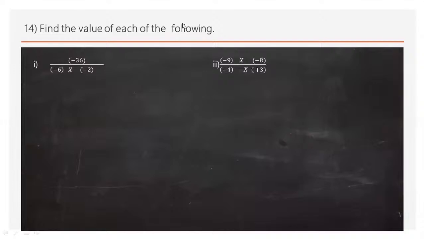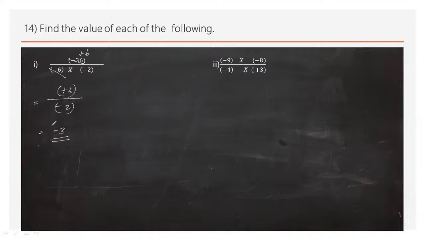14th one, find the value of each of the following. Minus 36 divided by 6. Minus divided by plus gives minus 6. Plus 6 divided by minus 2, that is minus 3.